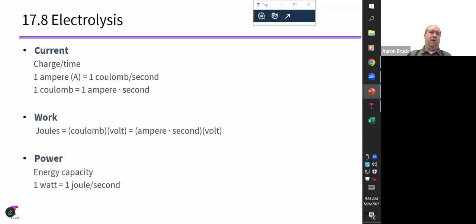Power is a measurement of energy capacity. And we measure that in watts. Watts are measured as joules per second.